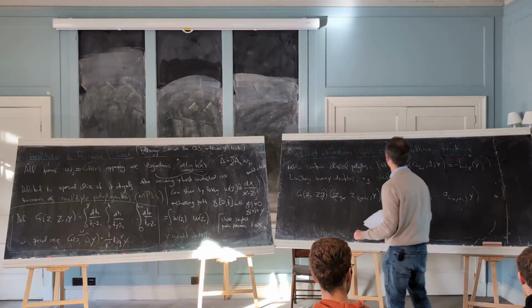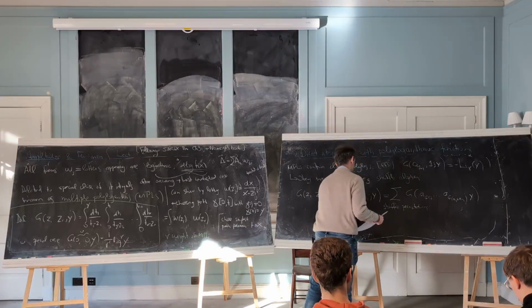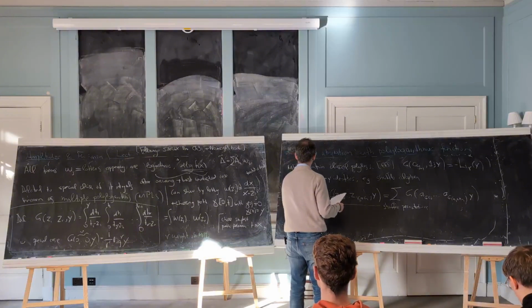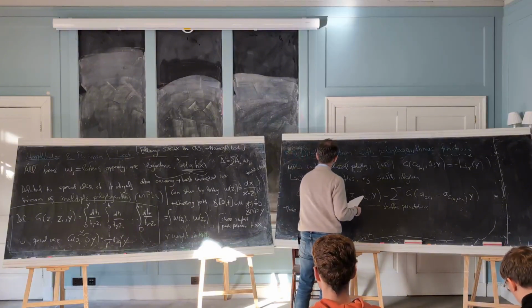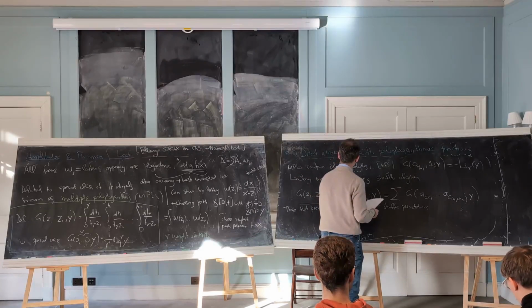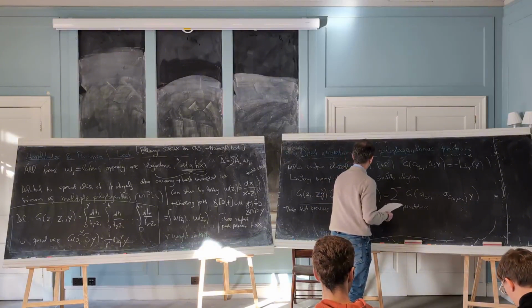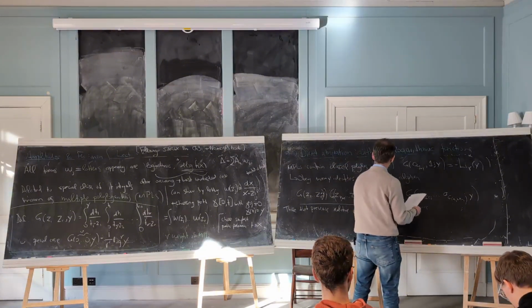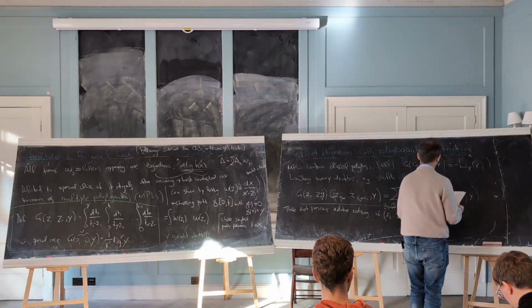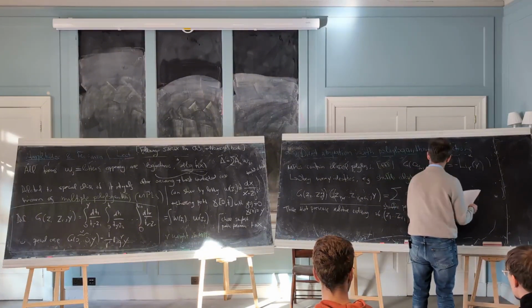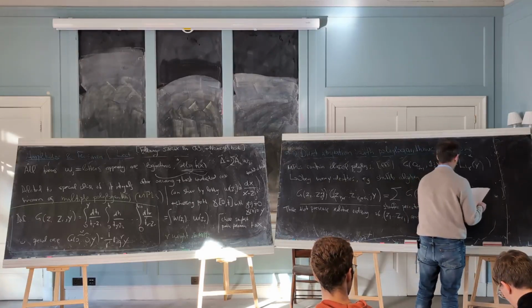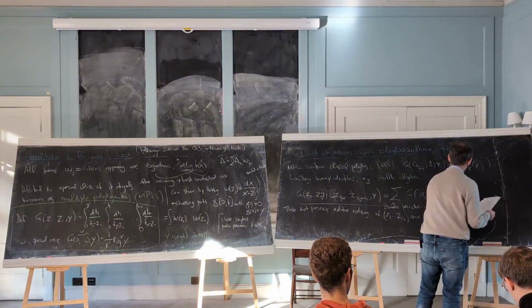And shuffle means those permutations that preserve the relative ordering of z1 to zr1 and zr1 plus 1 up to zr1 plus r2.